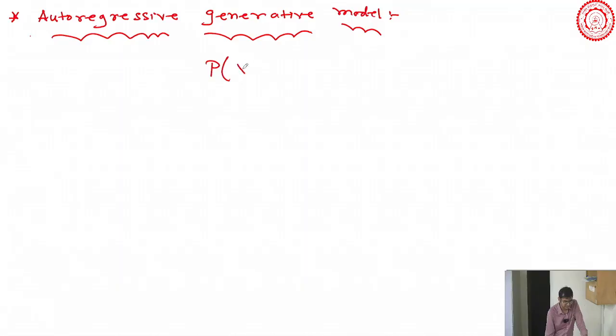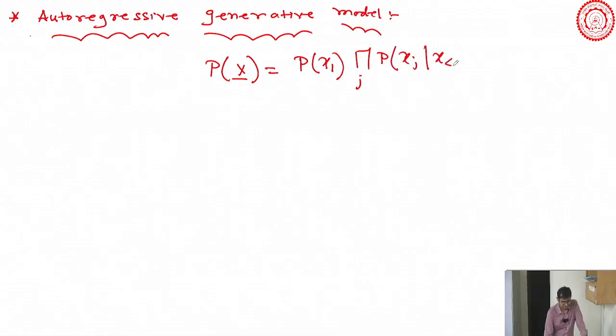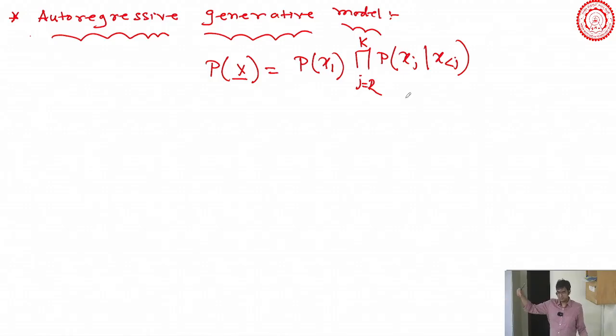P of x is equal to P of x1 times the product of P of xj given x less than j, for j from 2 to k. We know this, right? This is the first generative model that we studied in this course. Correct.